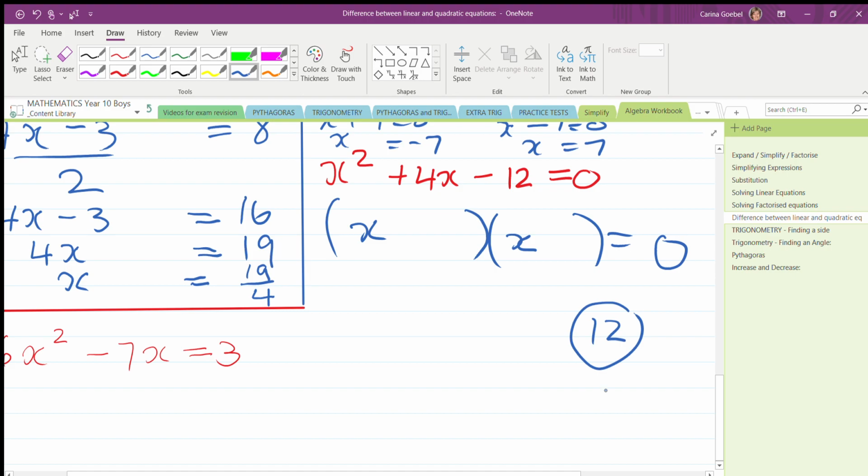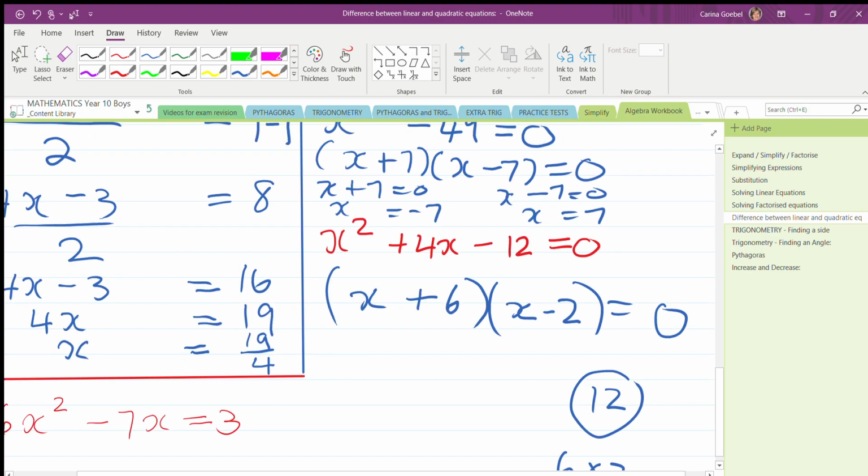So 6 times 2 gives you 12, and 6 minus 2 gives you 4. So you can put 6 in and 2 in. You will need to make the 6 a positive and the 2 a minus, because plus 6 minus 2 will give you your positive 4.